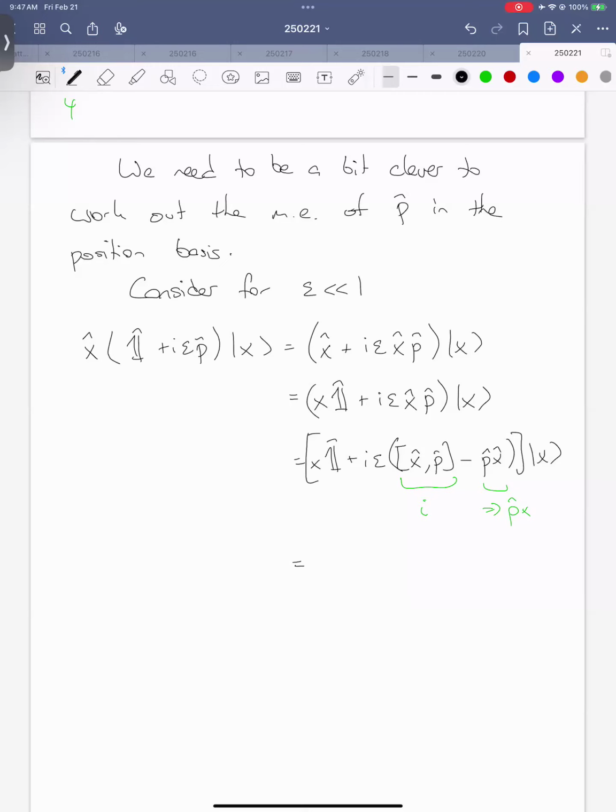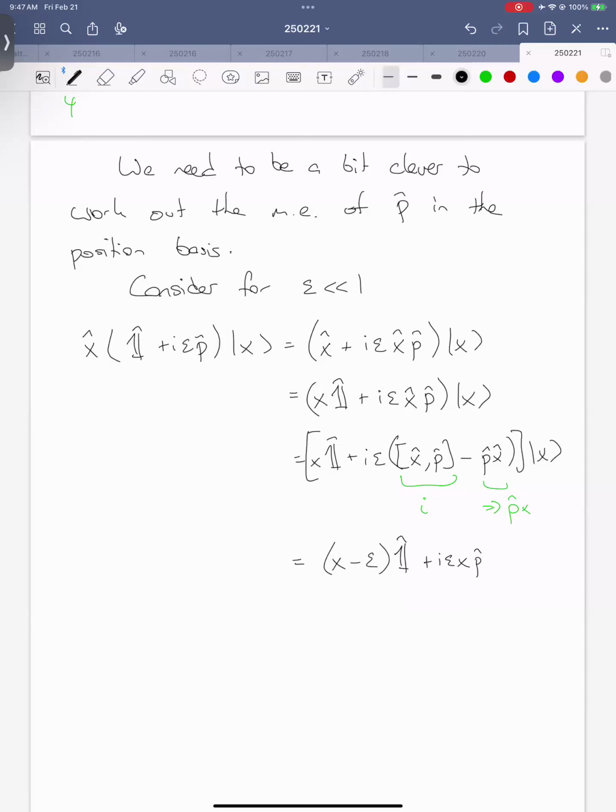And so my result ultimately is going to be x minus epsilon acting on the identity, multiplying the identity operator, plus I epsilon p hat x, or I guess I could call it I epsilon x p hat, all acting on the x eigenket.